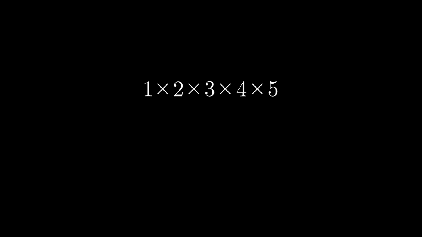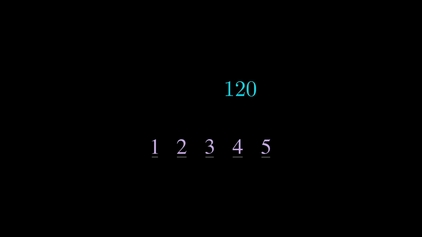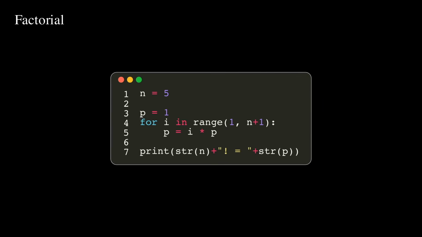But the process certainly gave me some inspiration. Those sequential numbers just look like a range object. The action of repeated multiplication also rings a bell with the spirit of loop. So let's write a program that can compute the factorial of any positive integer. We initialize the variable p as 1 outside the loop.